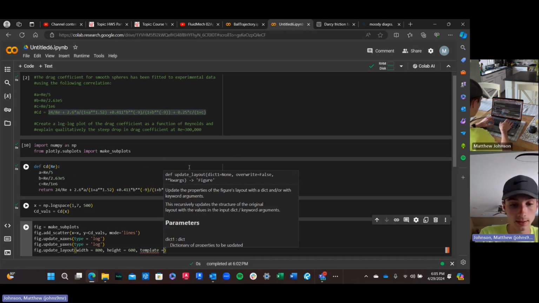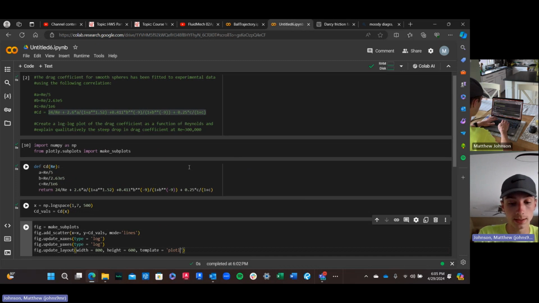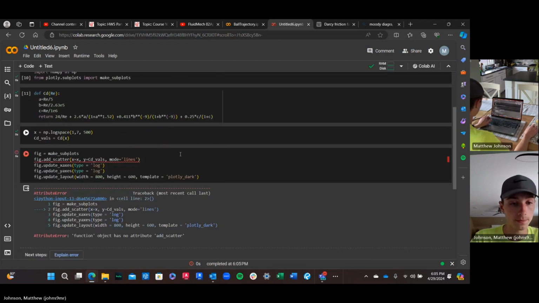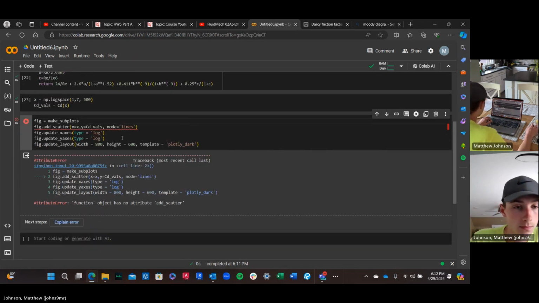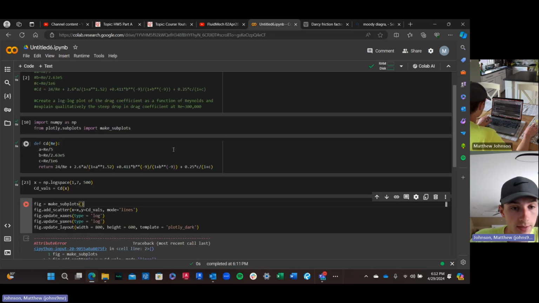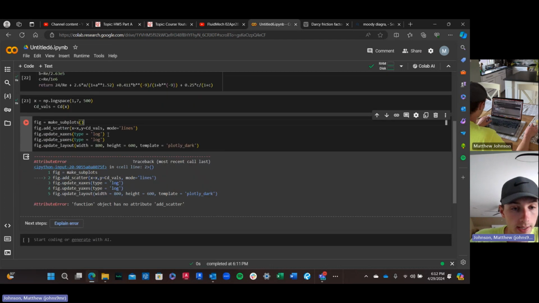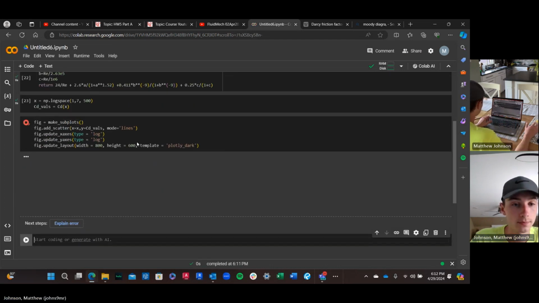So template equals plotly_dark. Okay, shift enter. All right, appears I've done something wrong here. Okay, so it appears I just forgot to put our parentheses there after make_subplots. Now it should import that from Plotly correctly, and let's see what we get.